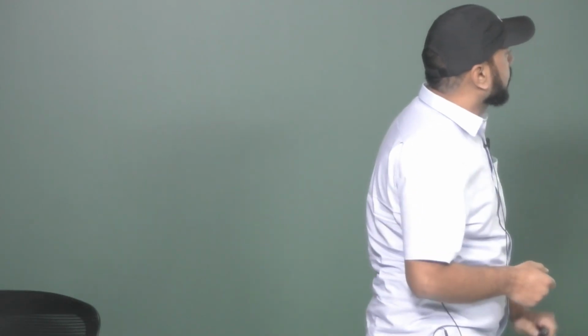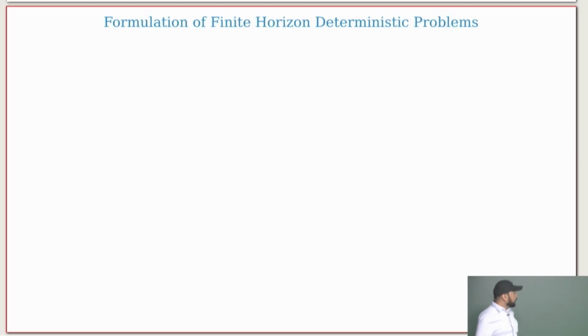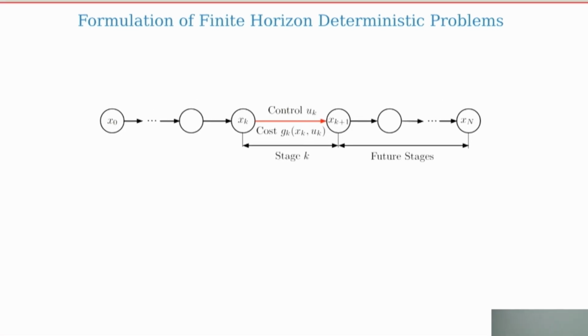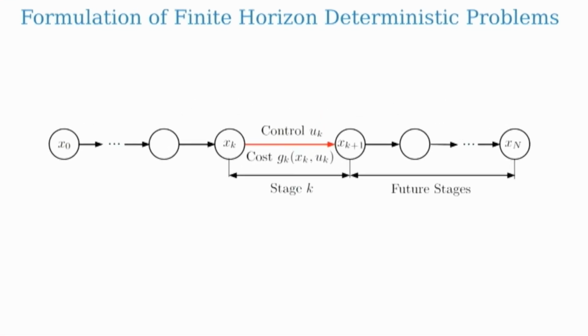Just to recall, we are interested in sequential decision making problems, and these problems are like this. We are given some initial state x0, and then we go to x1, x2 and so on.